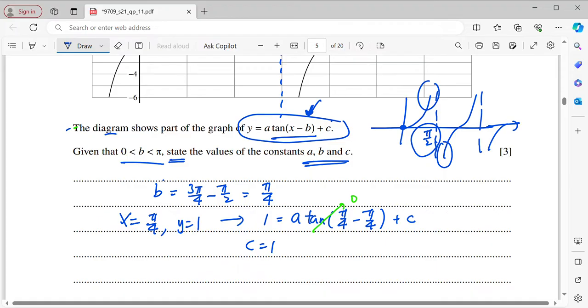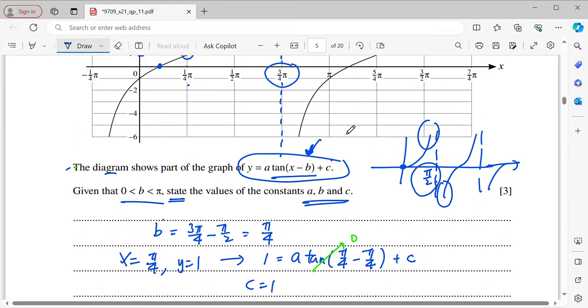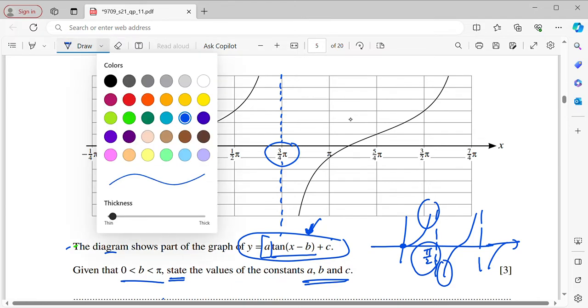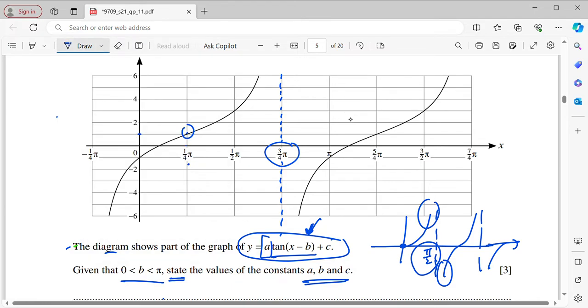Now that you have found the c and the b, to get the a you just take one of the points. I will just take this point, where x is 0 and y is minus 1.